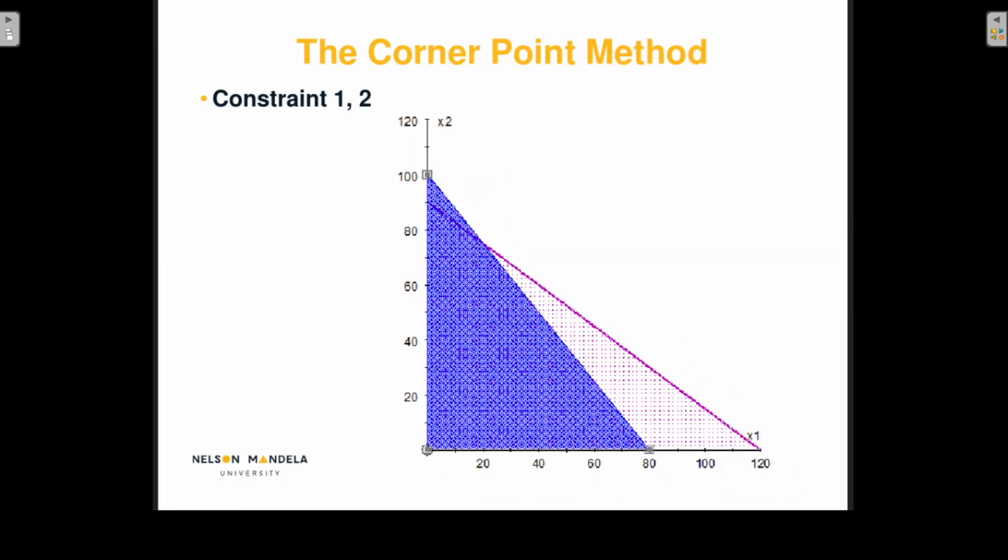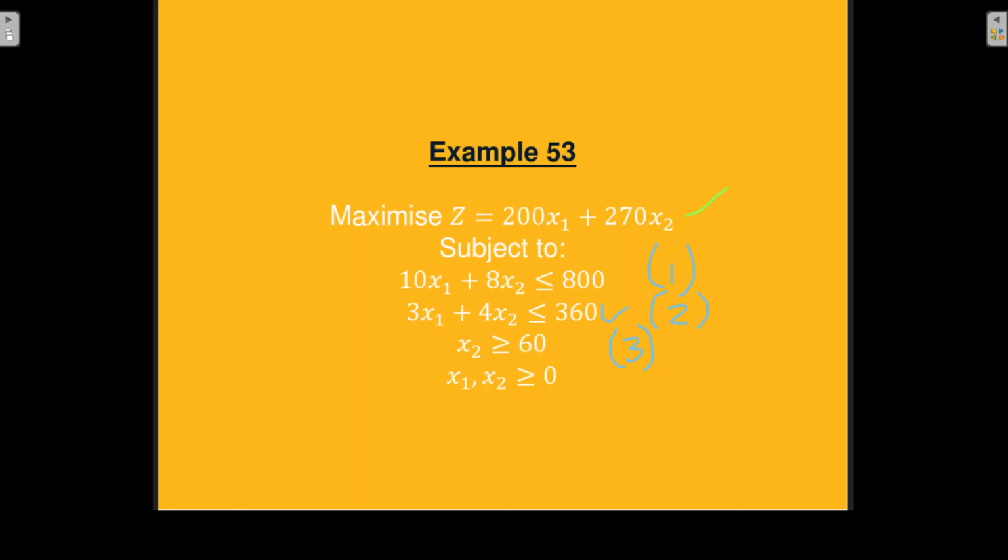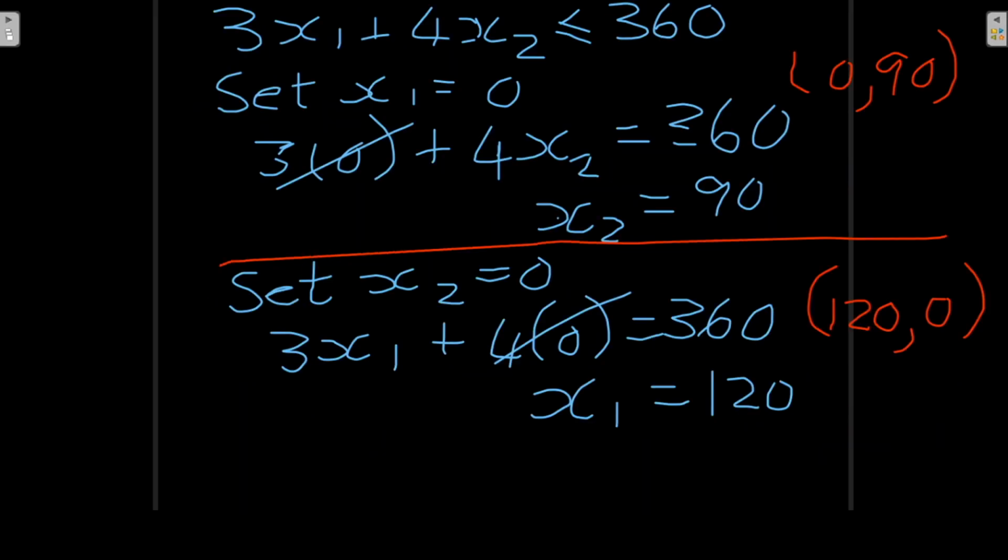Let's just quickly remind you what your equation 1 is. Equation 1 is 10x1 plus 8x2, and if we set it as an equation, it is equal to 800. So I'm going to substitute x2 equal to 60 into that equation.